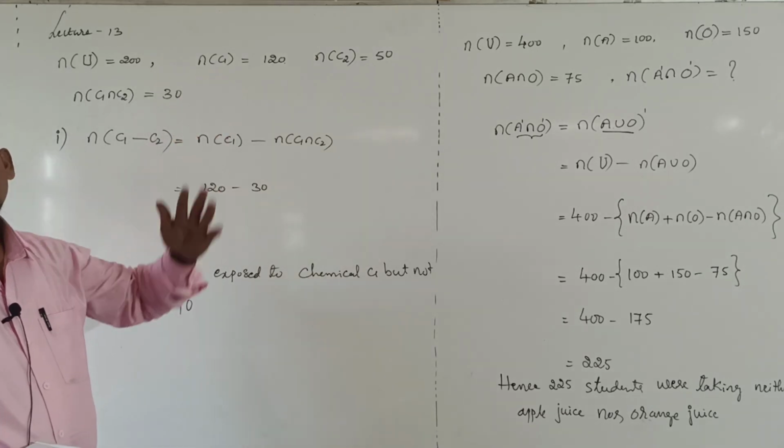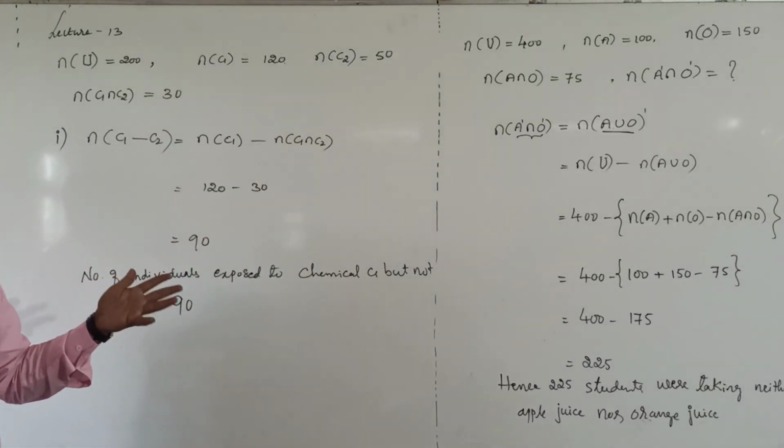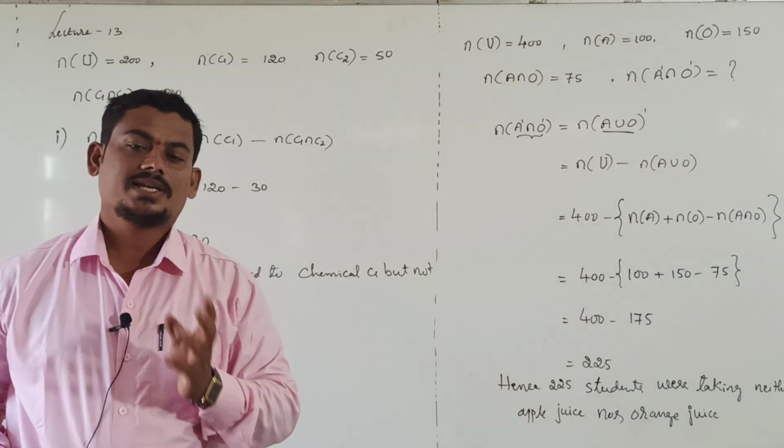So take it as 120. 120 minus 30 means it is 90. The number of individuals exposed to chemical 1 but not chemical 2 is 90.